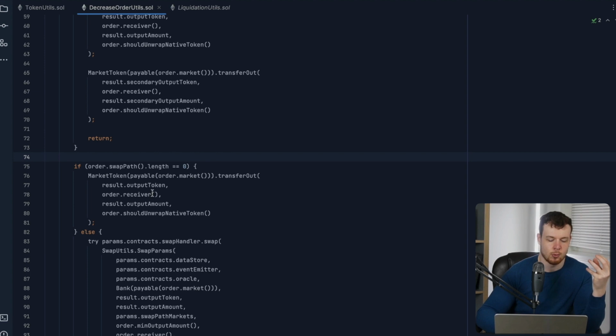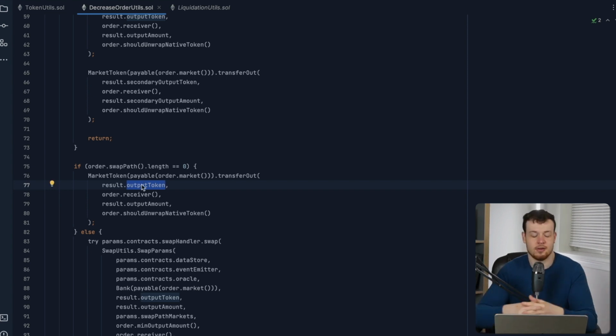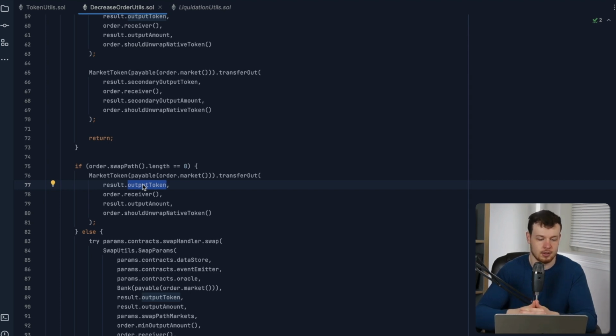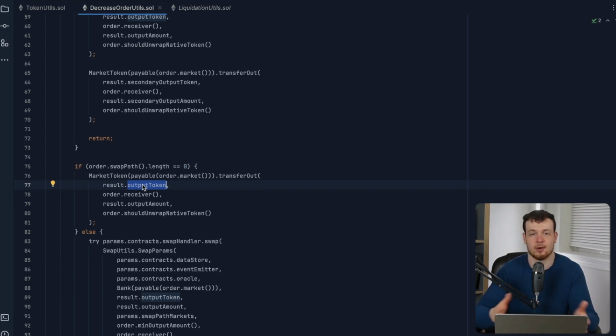Well, if we have an order.receiver on that liquidation order that is blacklisted for this output token, then this particular liquidation cannot go through. And essentially what you have is an unliquidatable position on the exchange, which can cause tremendously bad debt for the protocol, and essentially remove a good deal of risk for any potential traders, as they can open a position that has barely any collateral at all and be absolutely fine because they literally cannot get liquidated.